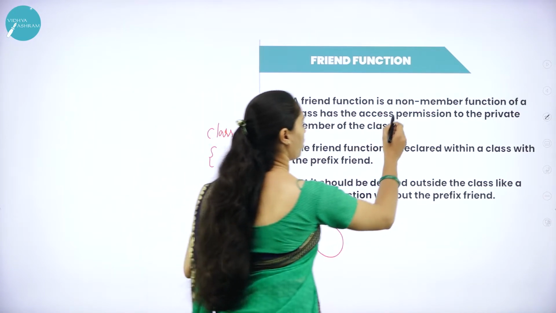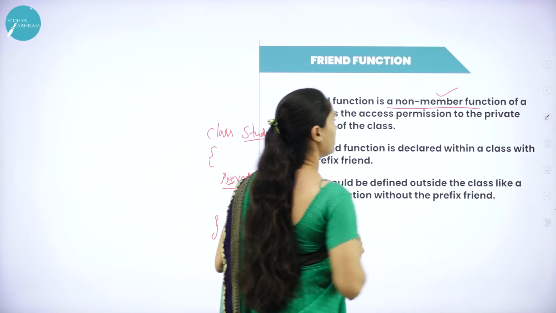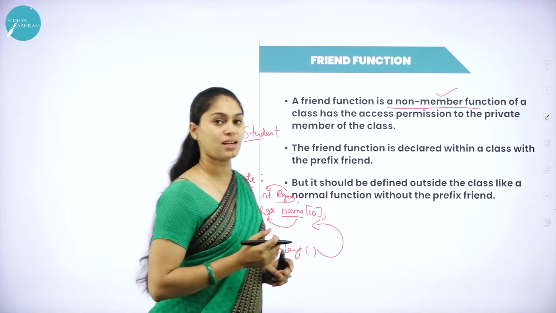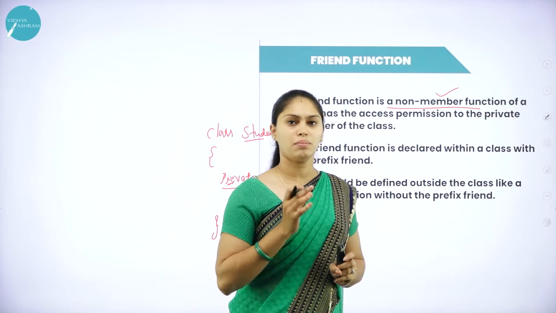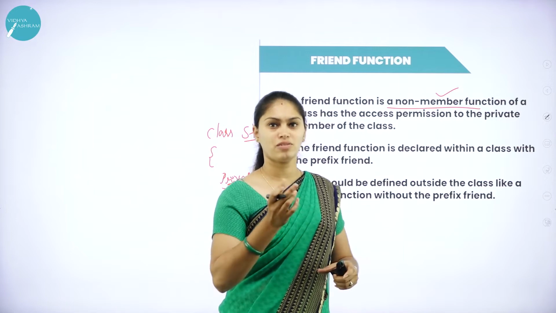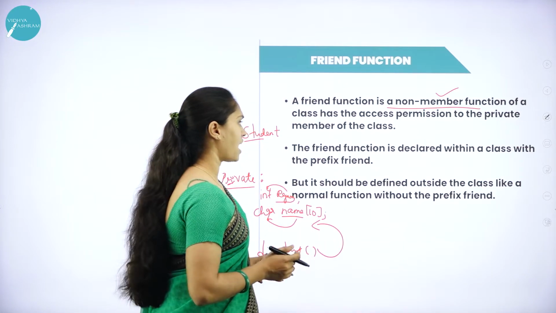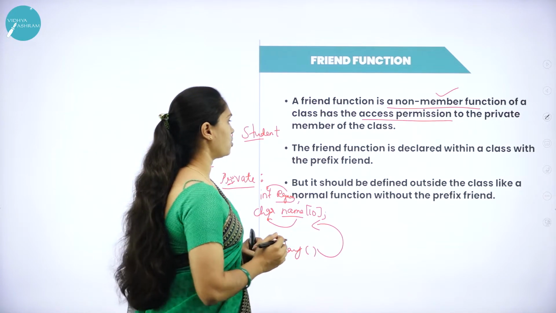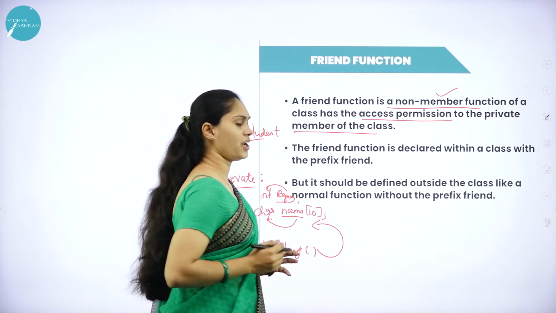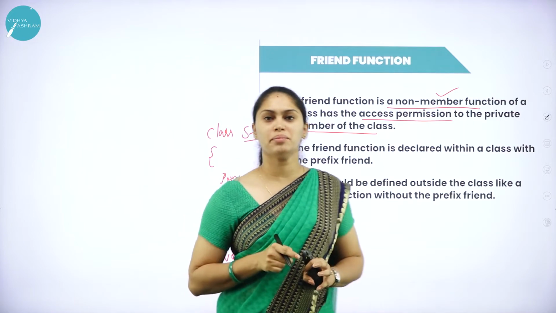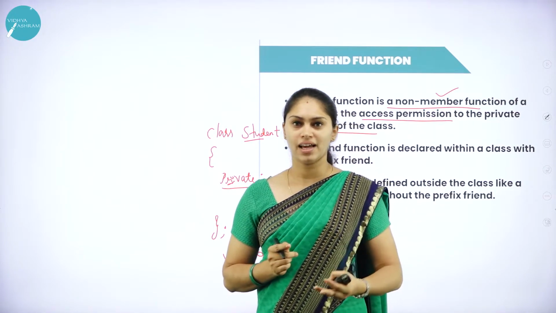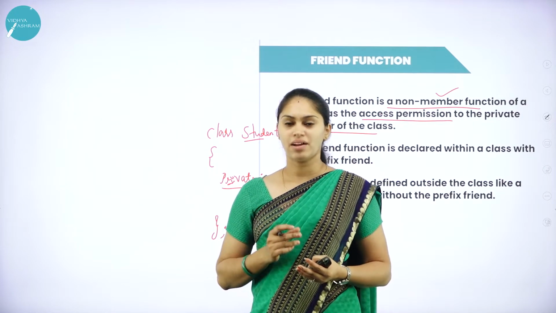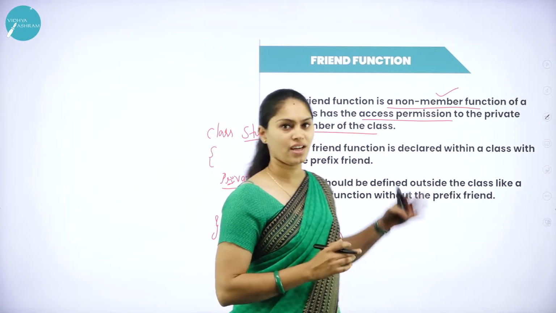Friend function is a non-member function. Important, it is a non-member function of a class. That means it does not belong to a particular class. It is not a member of that class, though it has access permission to the private members of the class. Even though it is not a member of the class, it has a privilege or access to the private data members and members of the class.